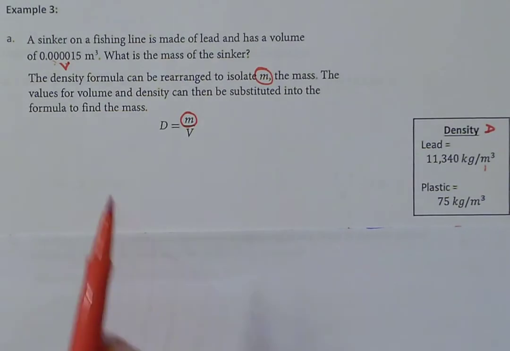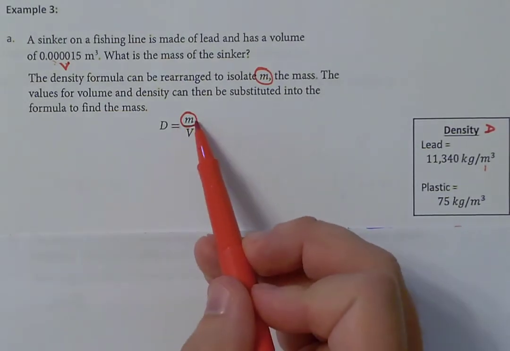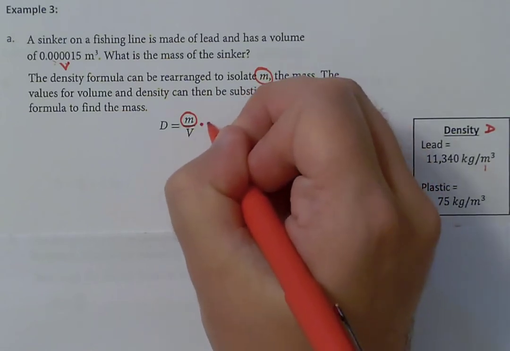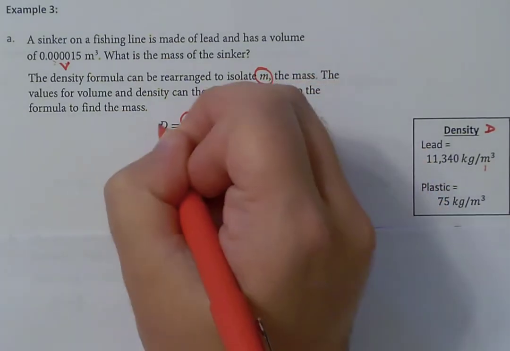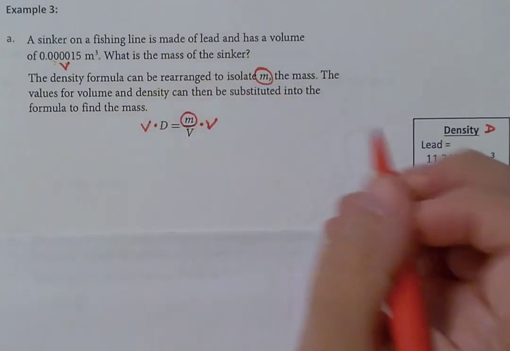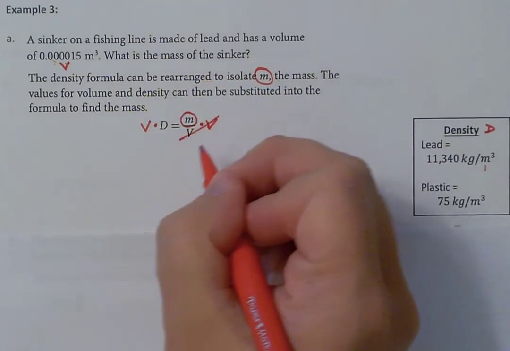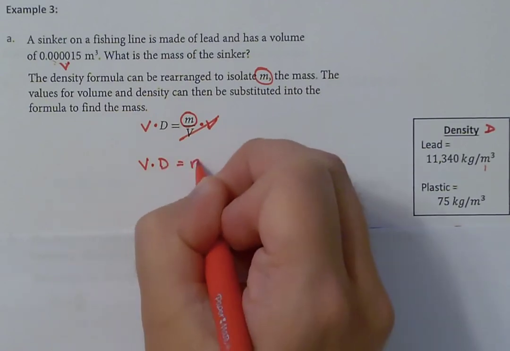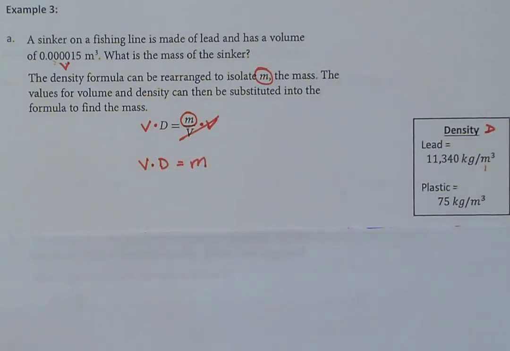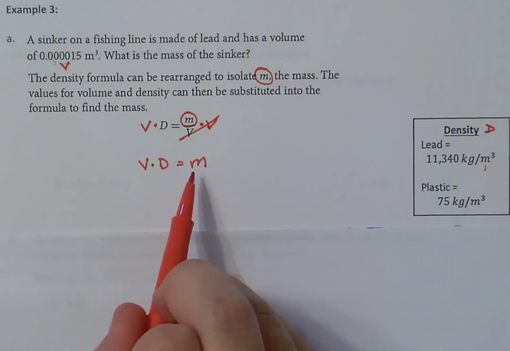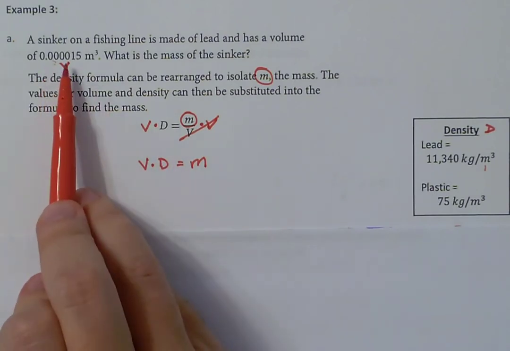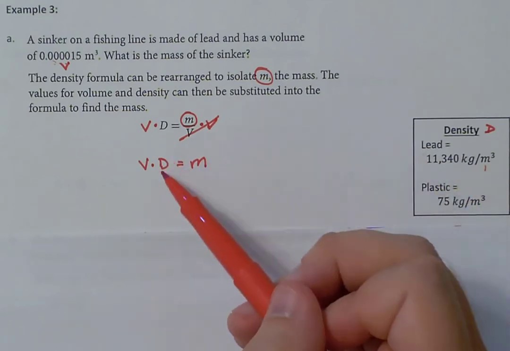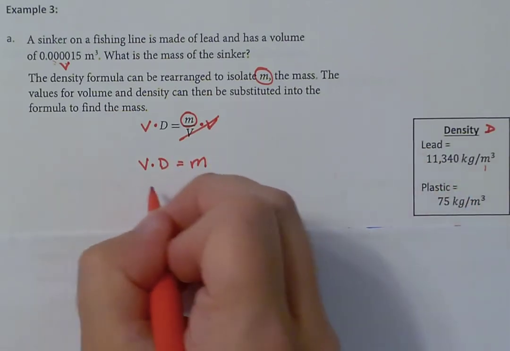So to do this, we need to solve for M. To get M alone, we're going to multiply to get rid of this fraction, so we're going to multiply V to both sides. When I do that, the V's cancel on the right, and I get V times D equals M. So to figure out the mass of that sinker, I'm going to plug this number in for V and this number in for D, and we'll go through and multiply.